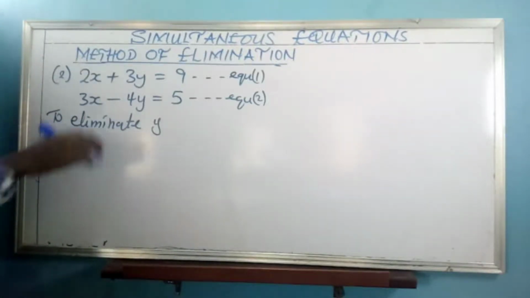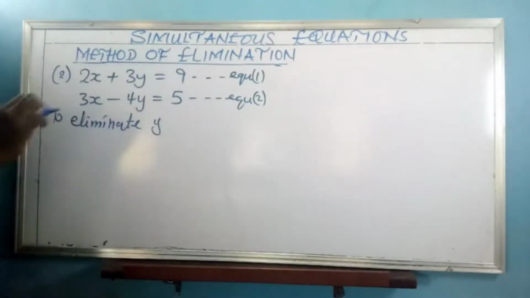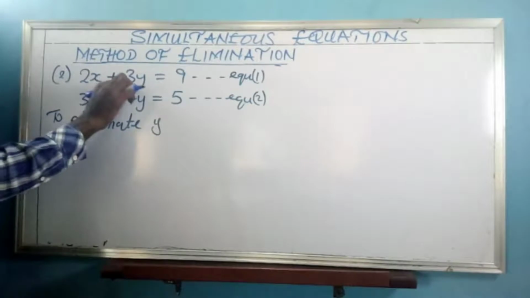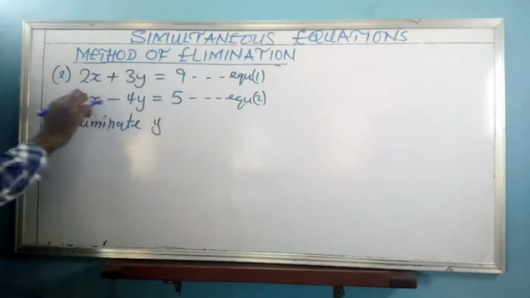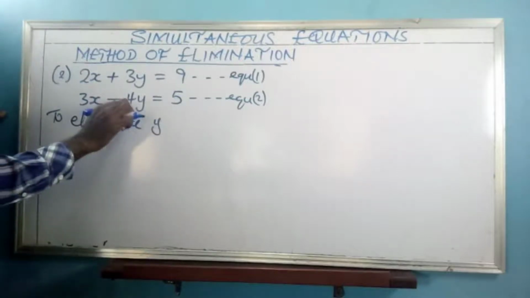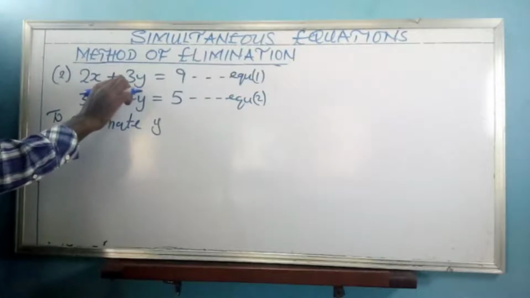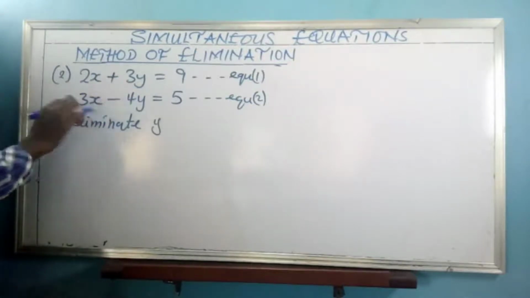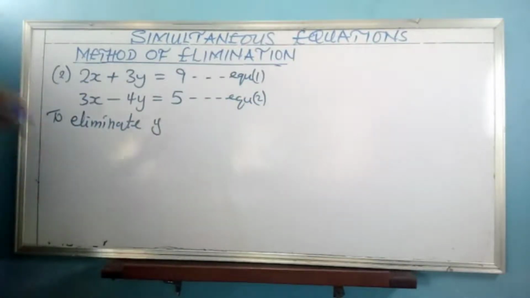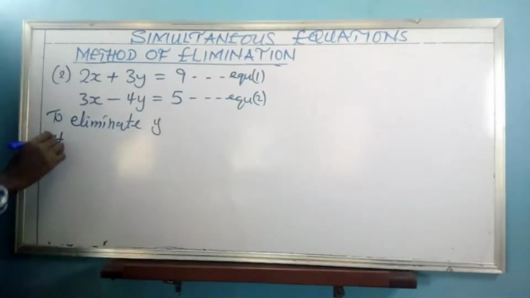How do we do that? You use the coefficient of the second one to multiply everything in the first equation, and use the coefficient of y that is up here to multiply everything in the second equation. Let me repeat that. You use the coefficient of the down one to multiply equation 1, and the coefficient of the first one to multiply equation 2. Let me write it so you will not forget it. Coefficient of y down here is 4, so I'm going to use 4 to multiply equation 1.